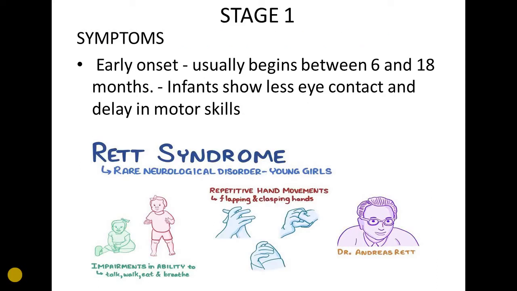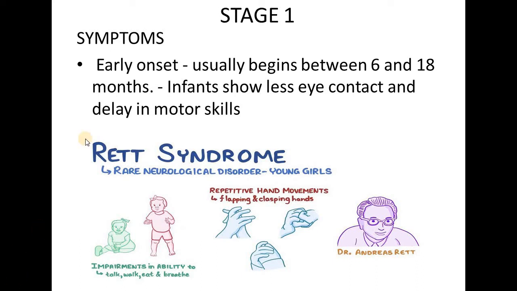So there are different stages where this Rett syndrome affects. It occurs in 4 stages: stage 1, stage 2, stage 3 and stage 4. The earliest symptoms occur in stage 1, the early onset, that usually begins between 6 and 18 months. And you can see here the infants show less eye contact and delay in motor skills.